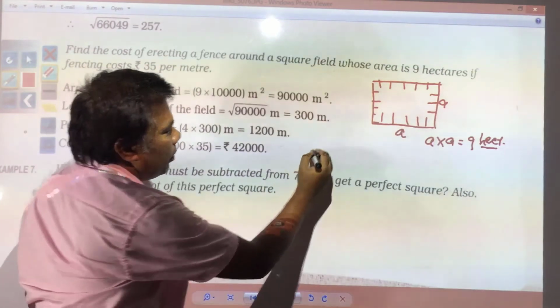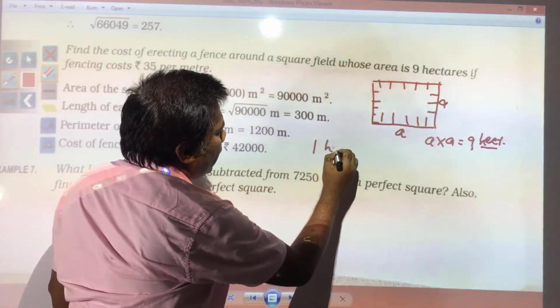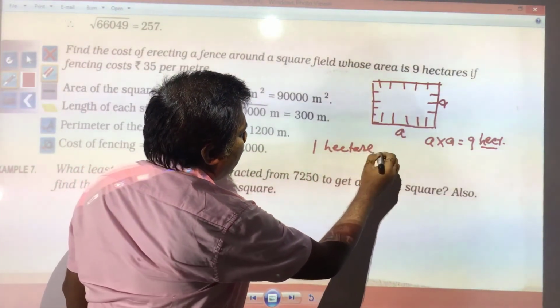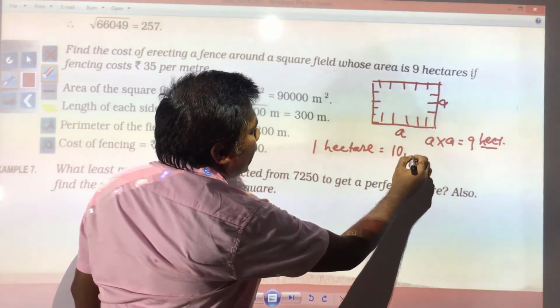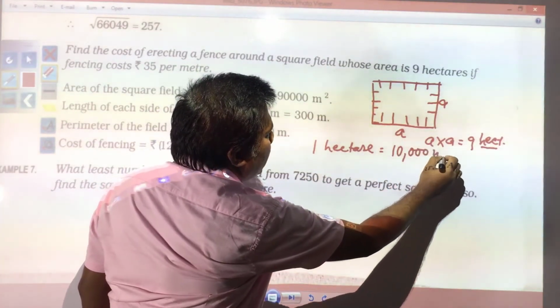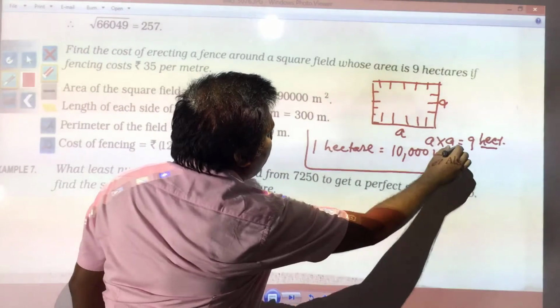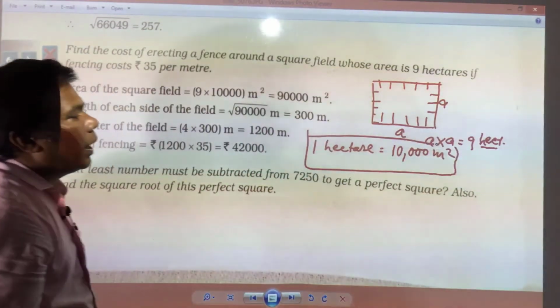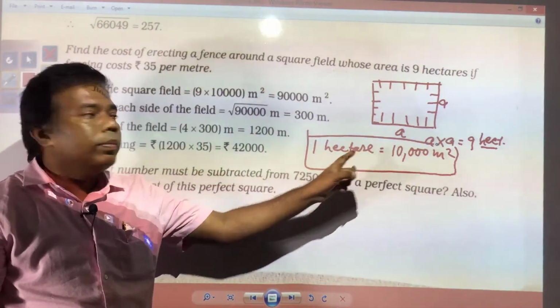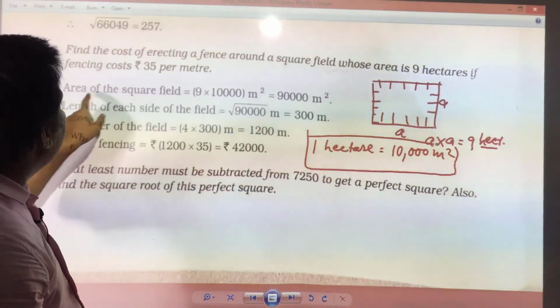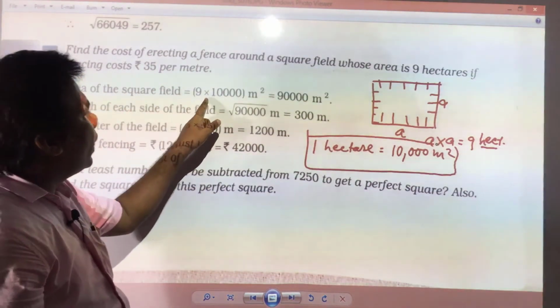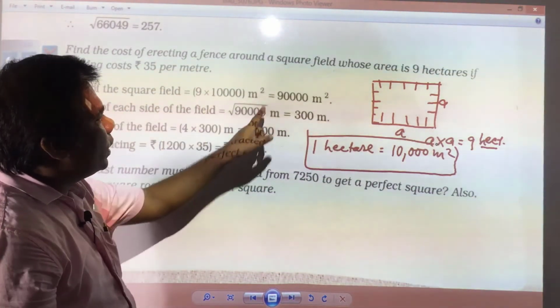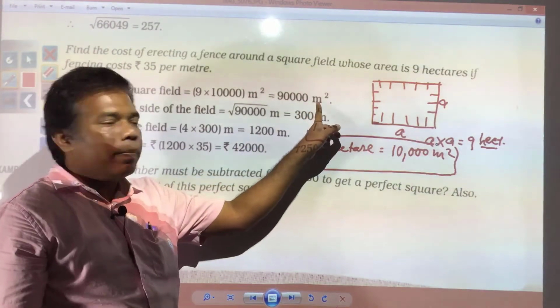You need to remember 1 hectare is equal to 10,000 meter square. So area of the square field is equal to 9 into 10,000, which means 90,000 meters square.